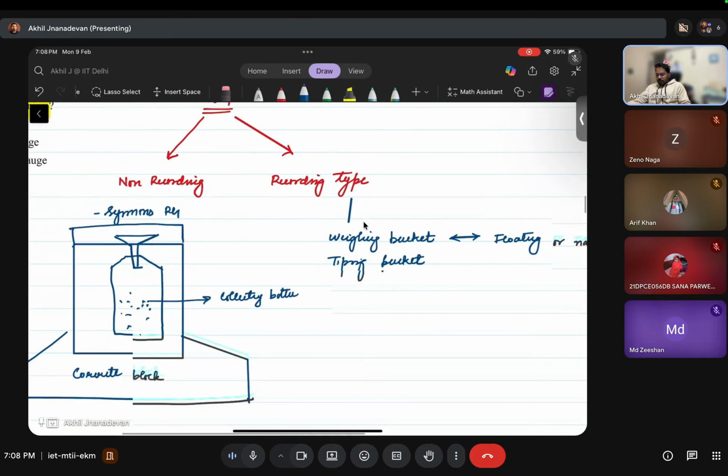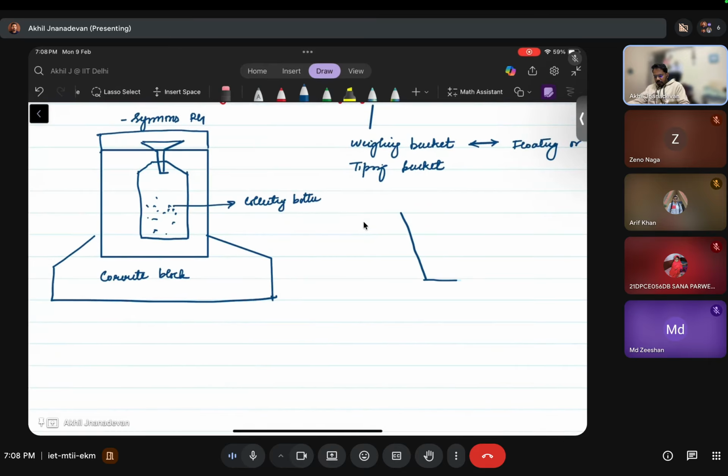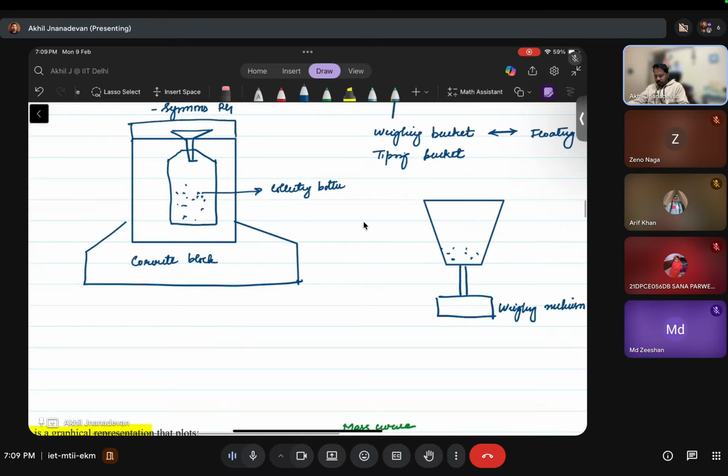In the weighing bucket rain gauge, there is a bucket. It's not a collecting bottle. We have a bucket inside, and this bucket is being weighed by a weighing mechanism. Under the bucket there is a weighing mechanism to weigh however much water is coming in. When more water comes in, different weights will be measured.